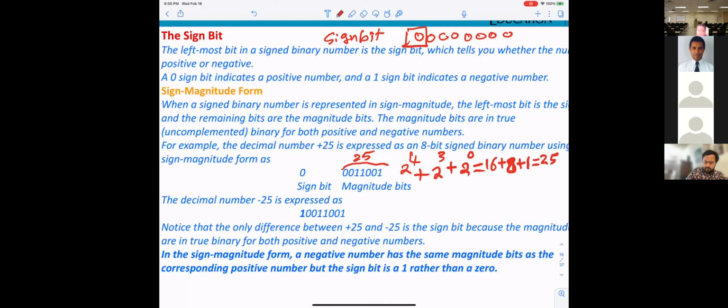That means you're converting binary to decimal. The number is 25, however it will be plus 25. Now the same number, however, if you want minus 25, this bit here must be 1. That one tells you that you get minus 25.